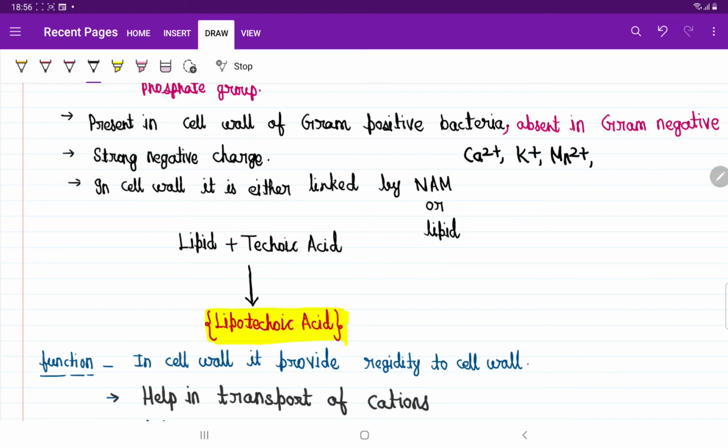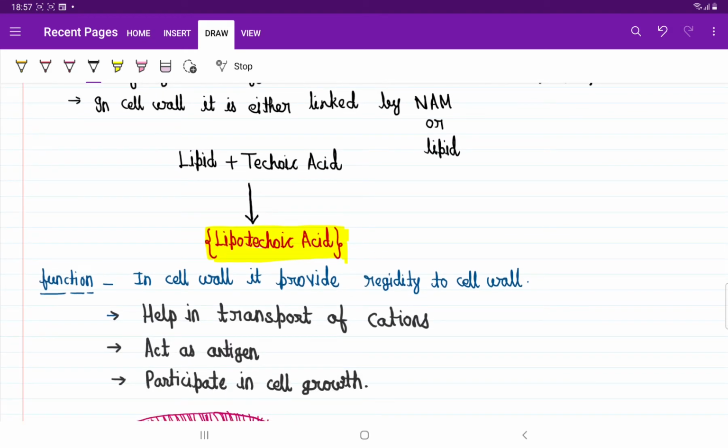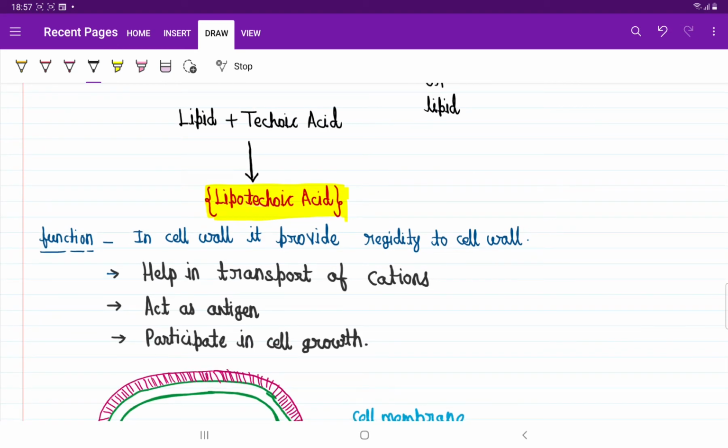And then not only that, some kind of flexibility will be provided to the cell wall of the bacteria. So what is the function of this teichoic acid?